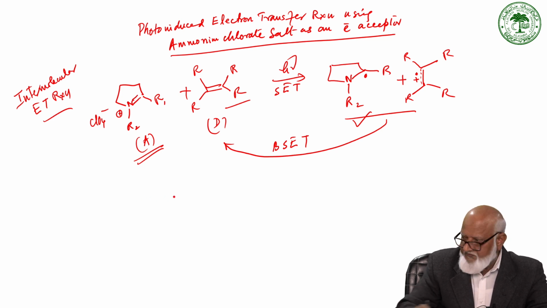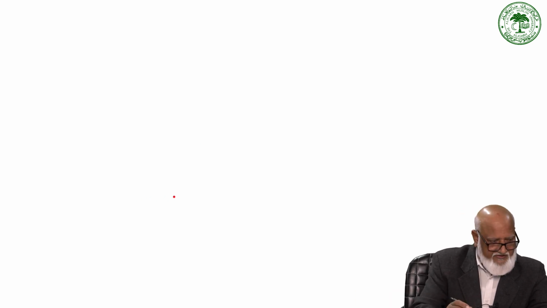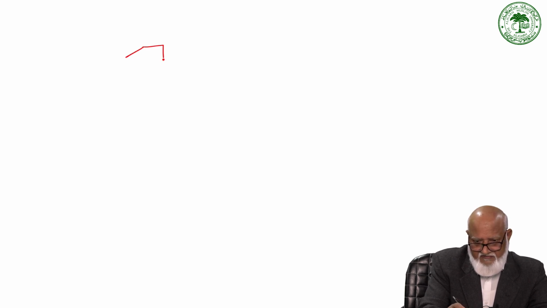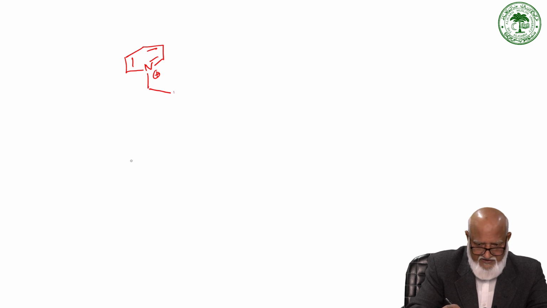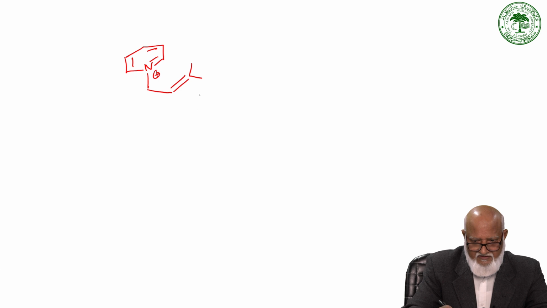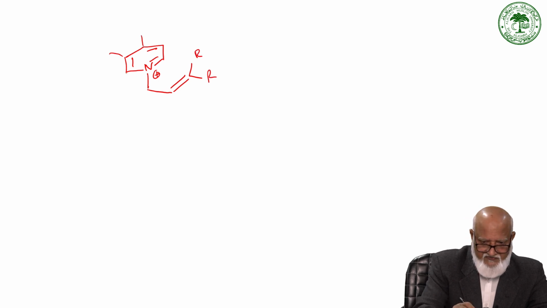If we have a system like this, this is of course the ammonium salt, you have an alkene, R, and of course this is a part of some system.